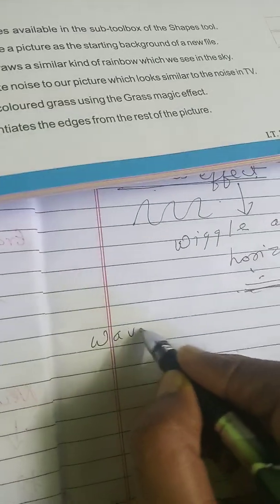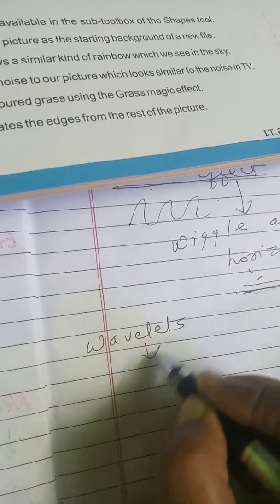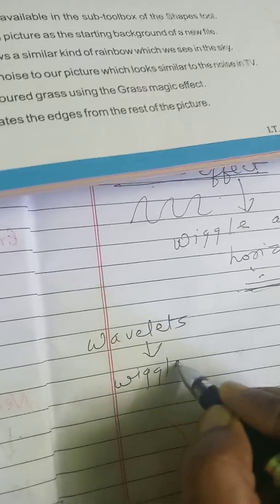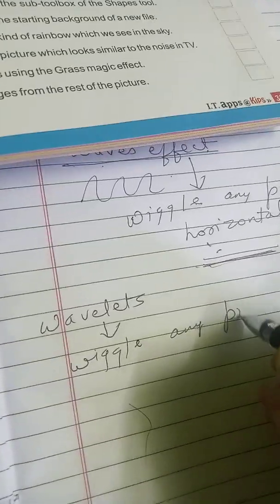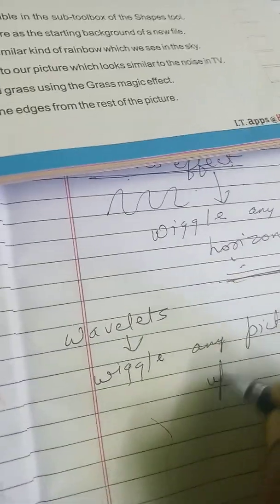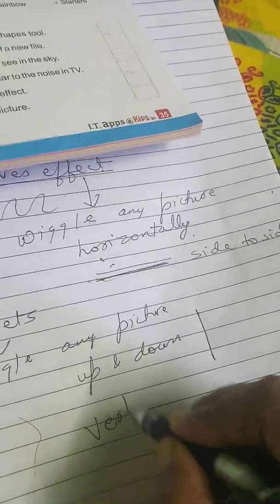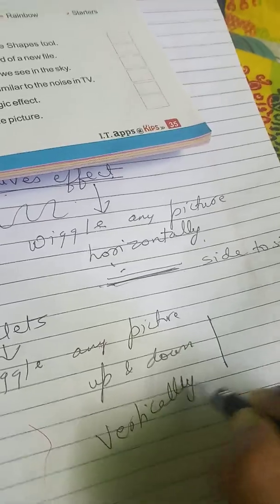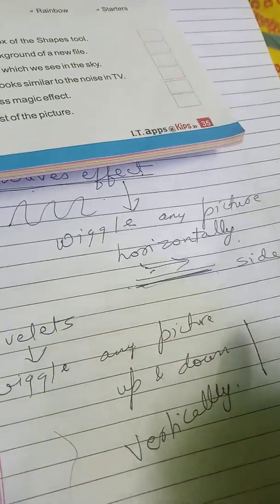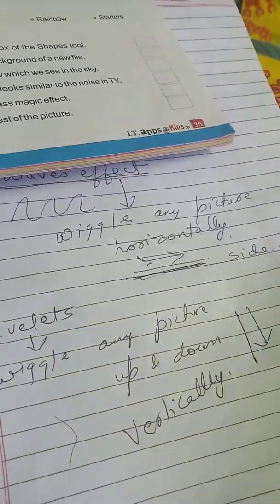But wavelets, what does wavelets do? It wiggles any picture up and down, means vertically. Side to side means horizontally and up and down means vertically.